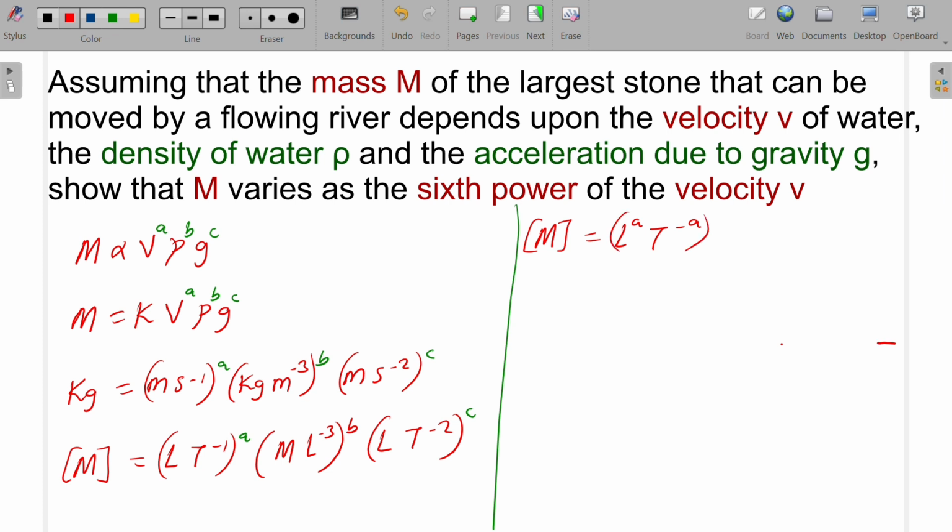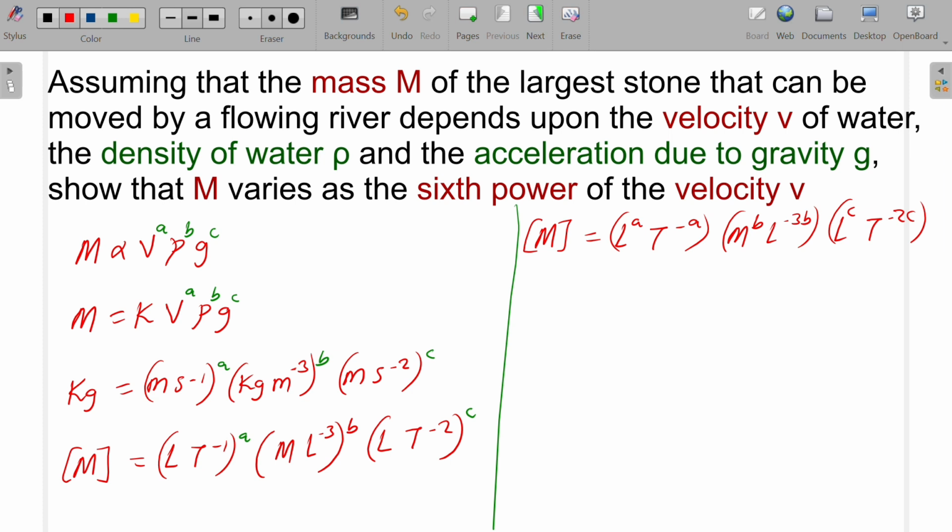And then in the second one, M will be given to the power of b, and L will be given to the power of minus 3b. Remember again, the power is multiplying by the power. And in the last part, our L will be given to the power of c, and our T will be given to the power of minus 2c. So that's what we have on the right side now.